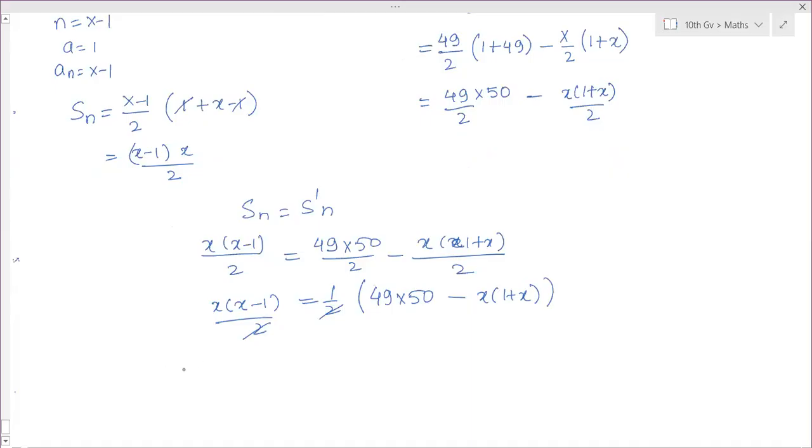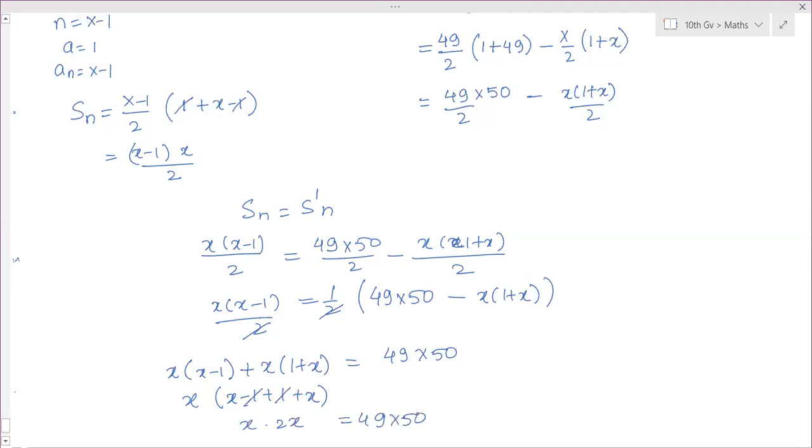So x into x minus 1 plus x into 1 plus x is equal to 49 into 50. Taking x common in the bracket: x minus 1 plus 1 plus x. Now minus 1 plus 1 cancel. So x into 2x is equal to 49 into 50.